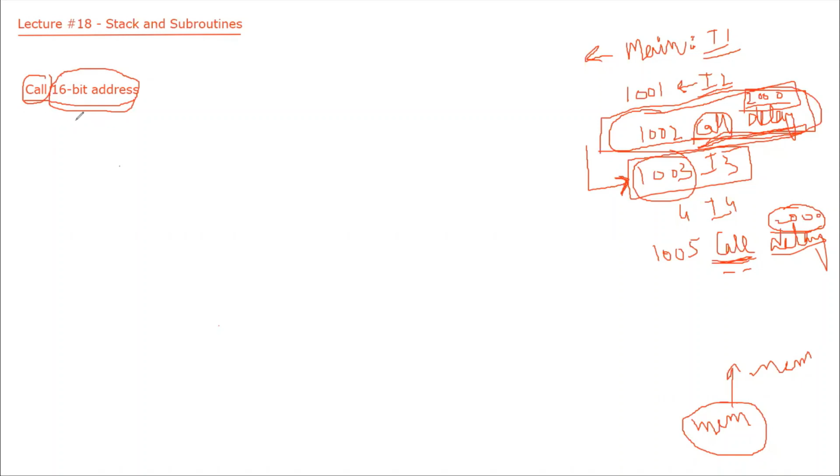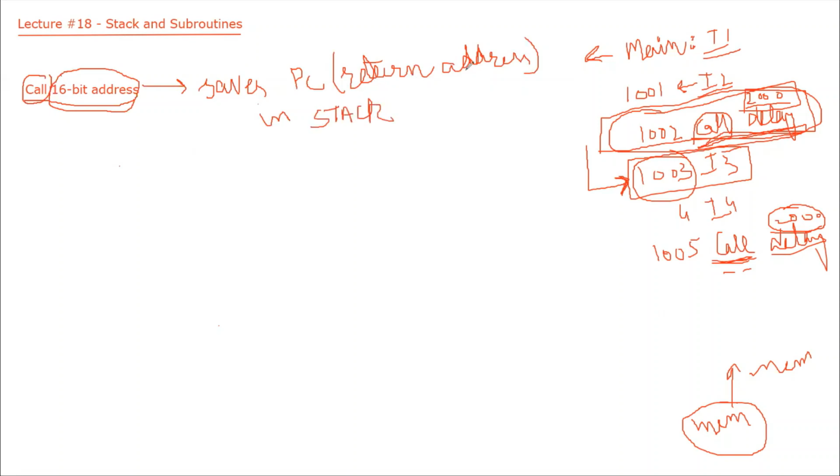When this instruction is getting executed, internally it saves the return address, or we can say it saves the contents of program counter, in stack. We know the return address is how many bytes?